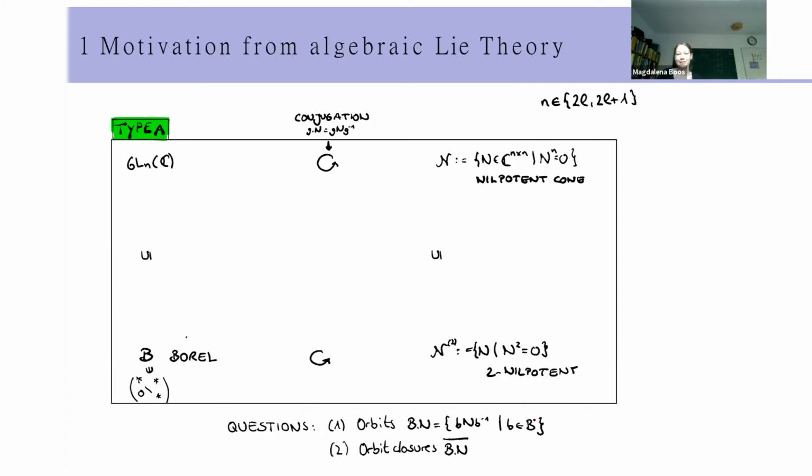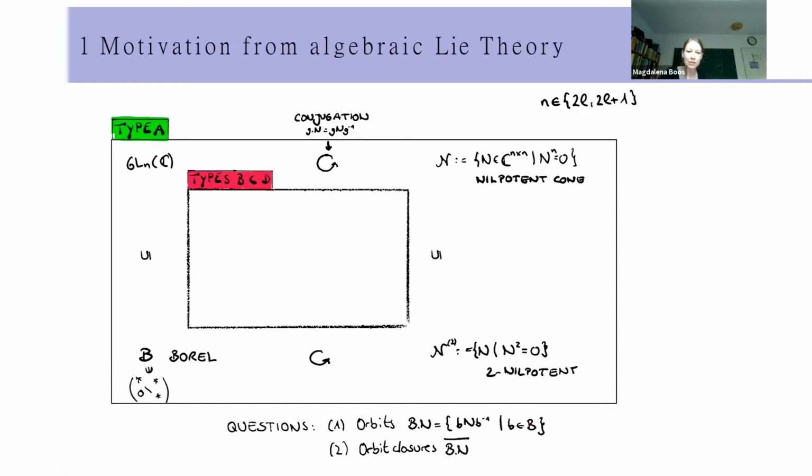And then, of course, we are asked, what about the other classical Lie types? And this means that we modify the picture and we put them in. So what does this setup mean for the classical Lie types? In types B, C, and D, we fix a G classical, so a symplectic or an orthogonal subgroup of GL_n.